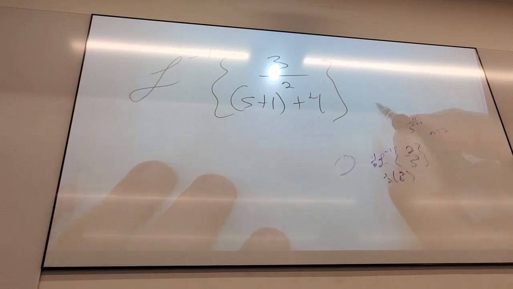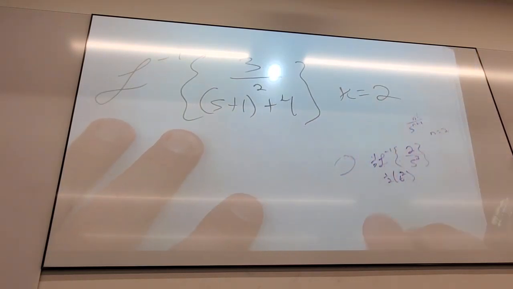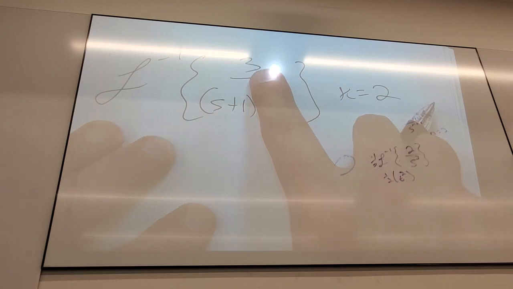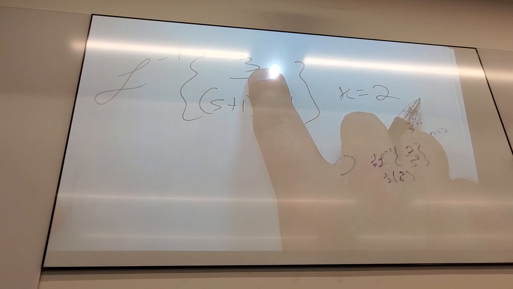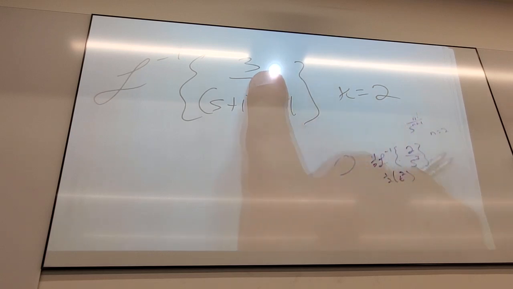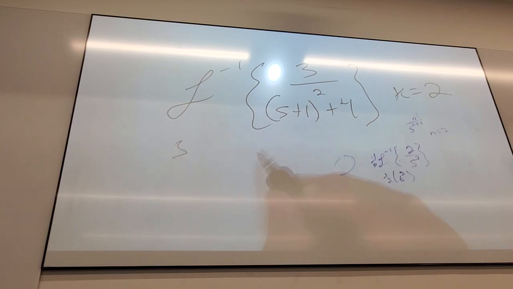What's K? 2. Is there an s up top? So it's a cosine then, right? What should be up top? For cosine, what should be on the top? Yeah, it should be K, so a 2. It's K over s squared plus K squared. Is there a 2 on top? No, damn it. But what do I do? I take the 3 out. And how do I get a 2 to show up?